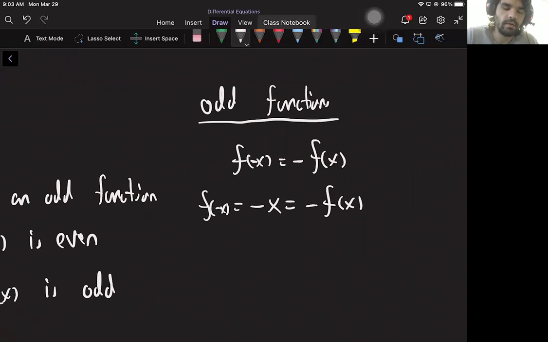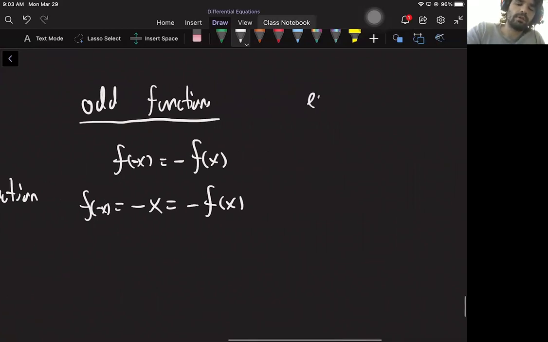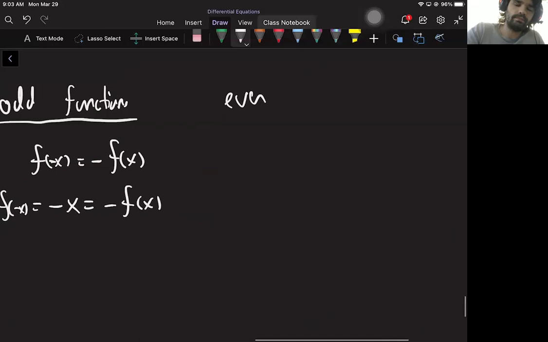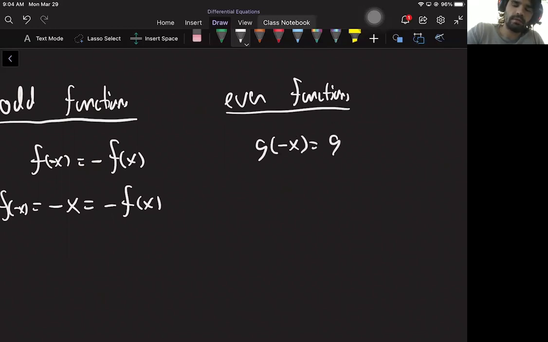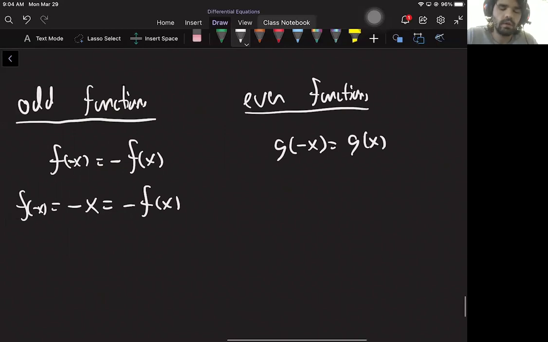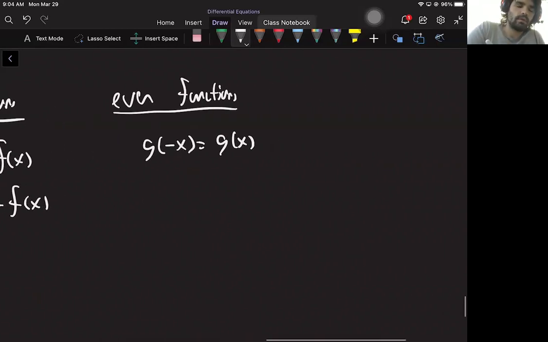So that's why it's odd. Meanwhile, even functions have the property that if I change x to negative x, the negatives just disappear, they vanish. And cosine has this property, which you'd have had to prove a long time ago in trigonometry, but it happens.